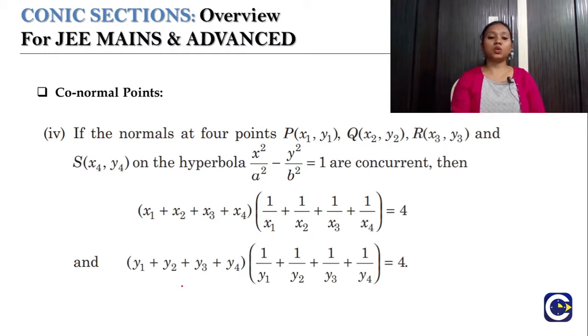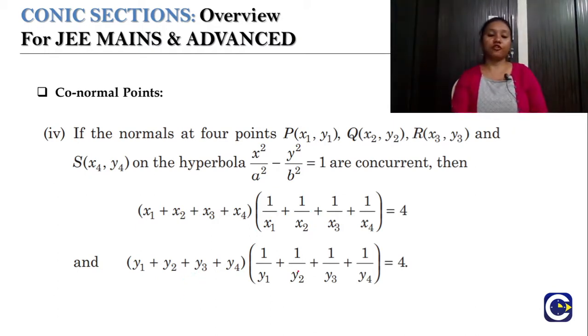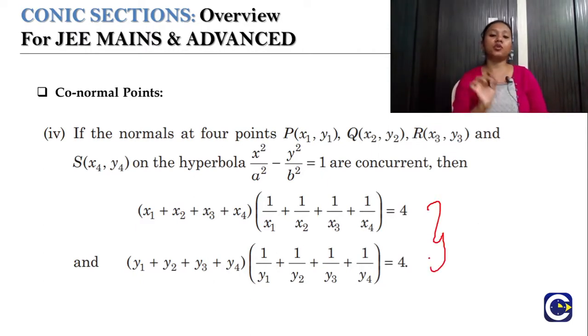The same thing with y coordinates too. So their product will be equal to 4 here, right? This condition will be satisfied by these 4 normal points on the hyperbola only if those normal points are concurrent. If not, this condition is not satisfied by the 4 normal points lying on the hyperbola.